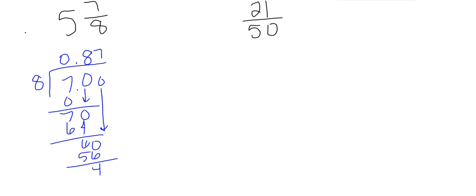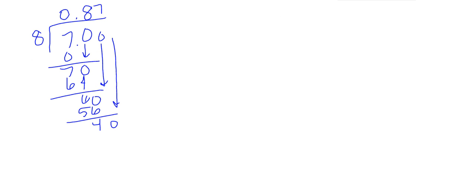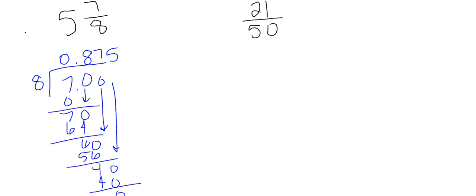Which then is 4. Bring down another 0. It goes into 40 5 times. 8 times 5 is 40. So my answer is 0.875. On the next one, 21 over 50, I want you to pause it and see if you can figure it out.